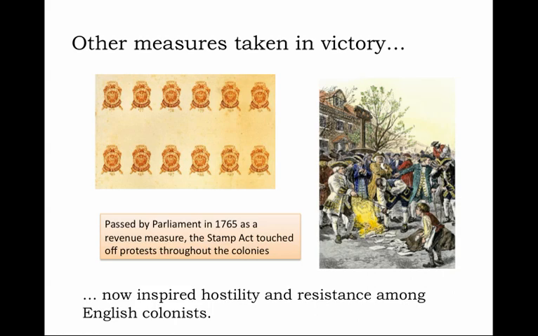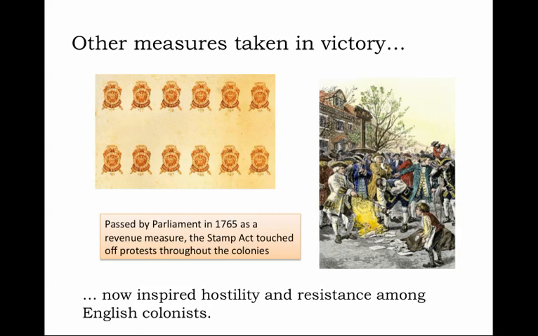And so a conservative resistance, you might say, in constitutional terms, to reassert and to defend rights they felt they had always had, and far from the minds of most was any intentioned call for independence, let alone revolution.